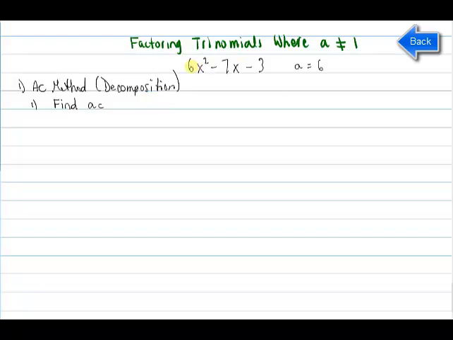According to our question here, A is 6 and C is negative 3. Don't forget the sign in front of your numbers. So the product AC is equal to 6 times negative 3, which is negative 18.